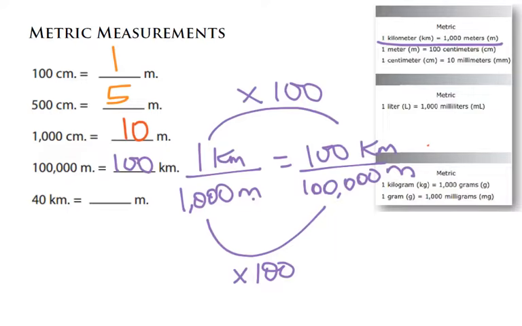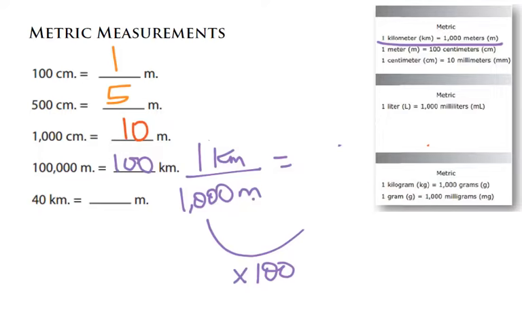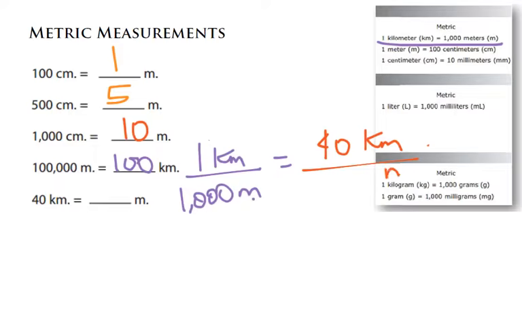Now let's look at kilometers to meters. We're just going the opposite way, but guess what? I can use my same initial conversion. So I'm going to erase part of this. And we have 40 kilometers, so I can write 40 at the top, over some number of meters.